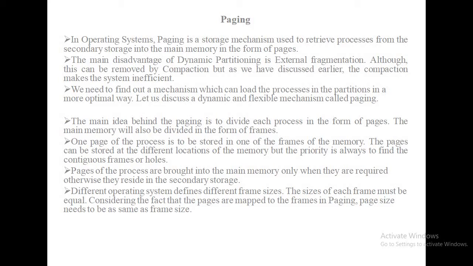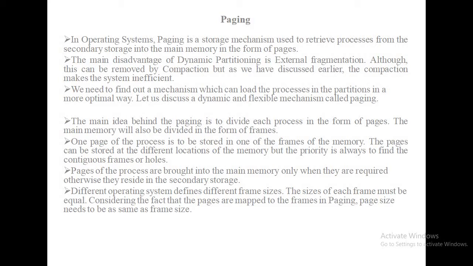The big thing is the size of the frame and page should be equal. One page of the process is to be stored in one of the frames of the memory. The page can be stored at different locations of the memory, but the priority is always to find contiguous frames or holes.